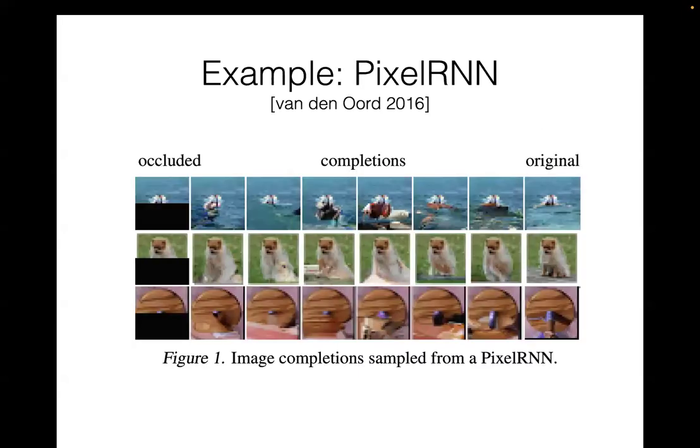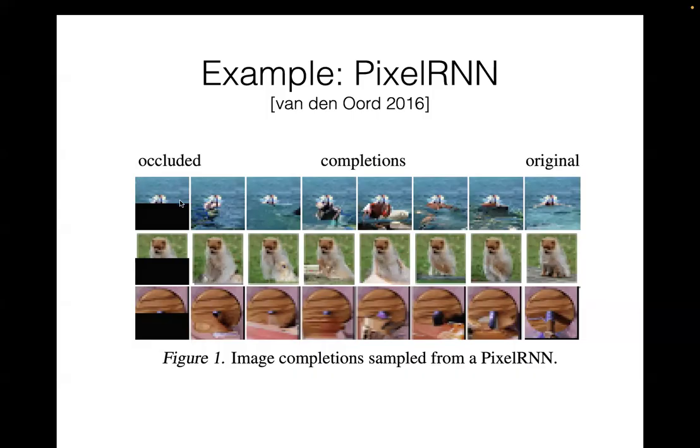So this has actually been tried in various forms over the years. Here was an early work called Pixel RNN. Here they weren't using transformers, they were using RNNs. You train the model and now you can prompt it with part of an image.